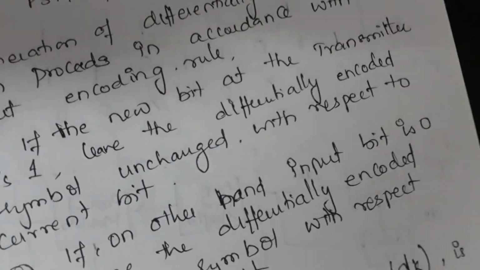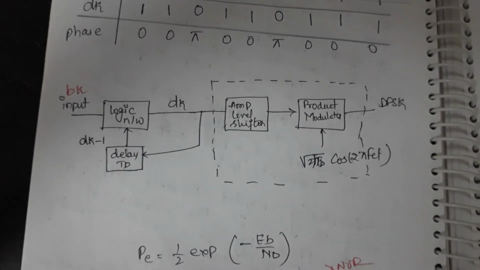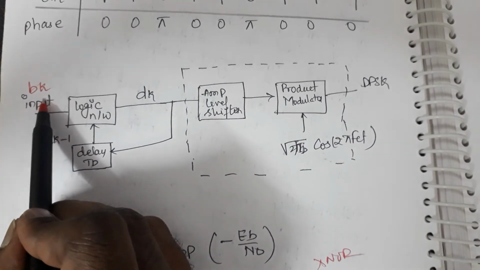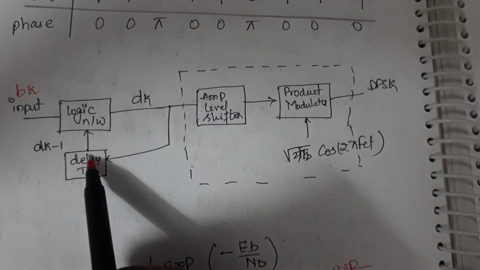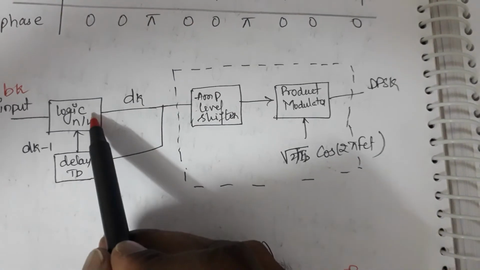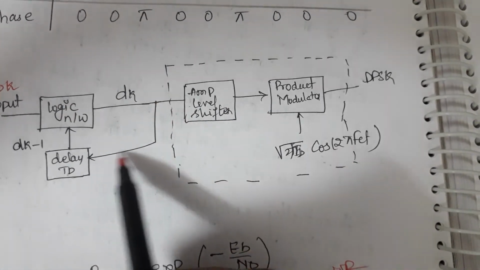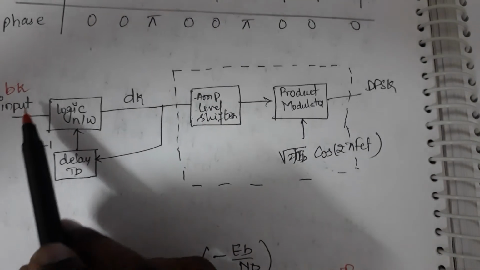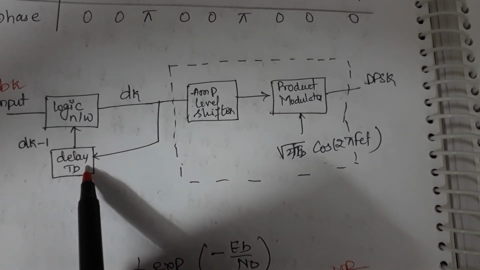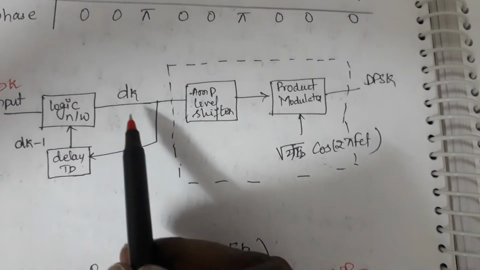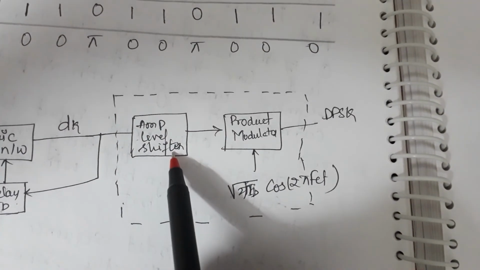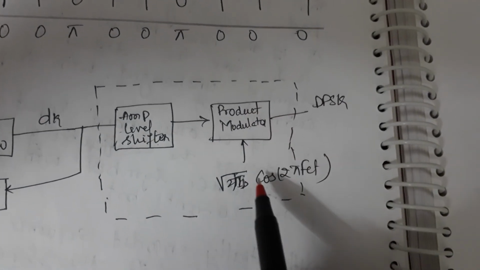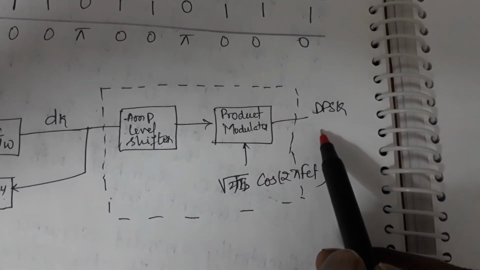Now I am going for the next part of my representation. If you look at the block diagram, here is the input. Here I have the logic network, which I will explain, followed by a delay, and whatever the logic circuit generates as output comes and is stored here. So this is the present value and this is the previous value, with a logic network, followed by an amplitude level shifter, followed by a product modulator with a carrier, and this is the output for DPSK.